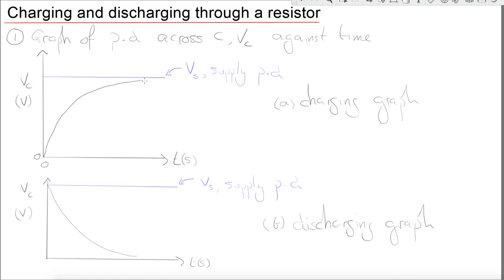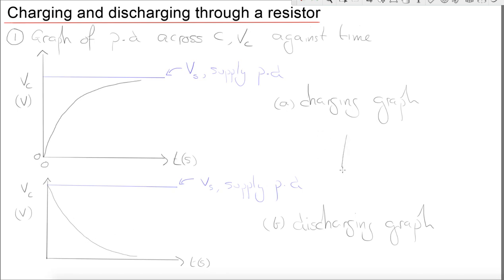If we were to start with our capacitor fully charged and then connect a resistor across it, then the PD across the capacitor would fall exponentially. This is an exponential graph. This has an exponential element to it, but this is exponential, exponential being that it changes equal proportions in equal periods of time.